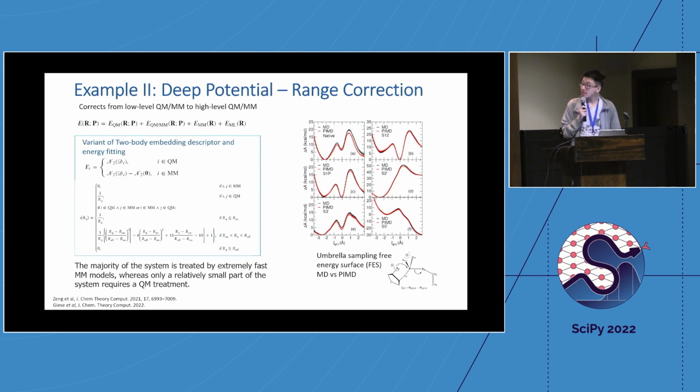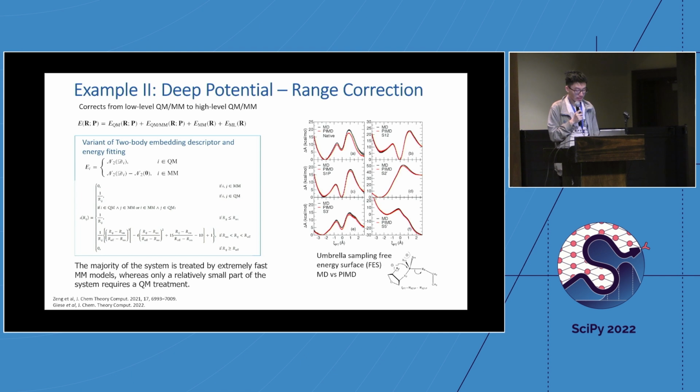And here is a second example, an extension of the two-body descriptor to make it integrated with QM/MM. Here, we correct from low-level QM/MM to high-level QM/MM, and we only fit the QM part and a range of the MM part.